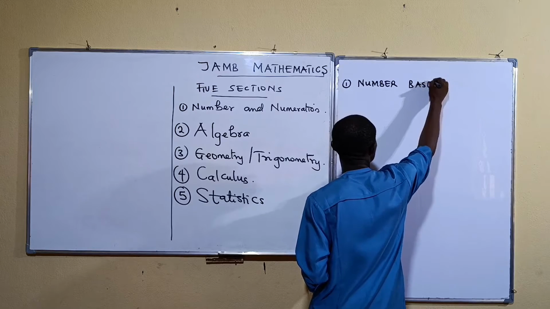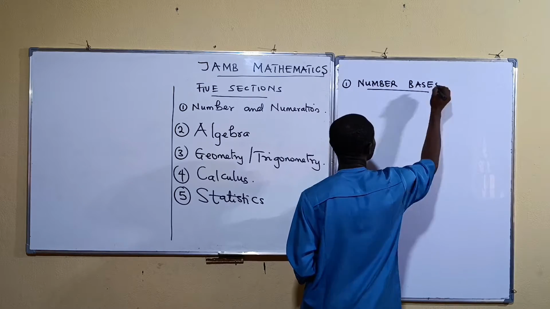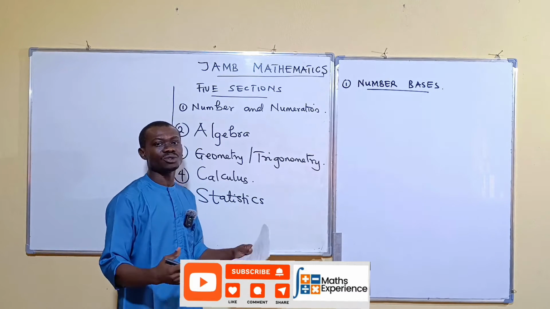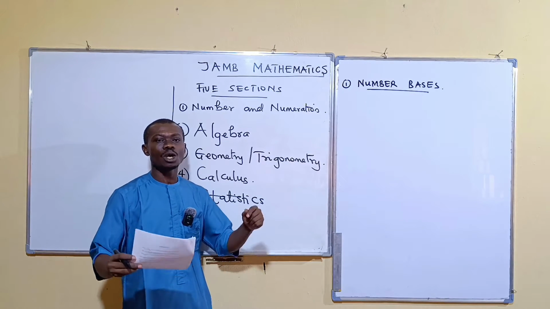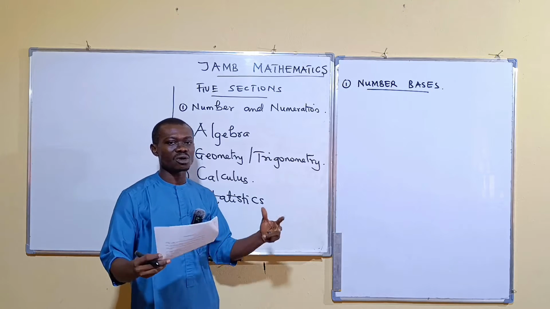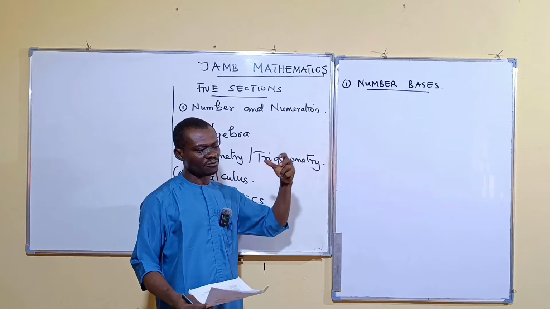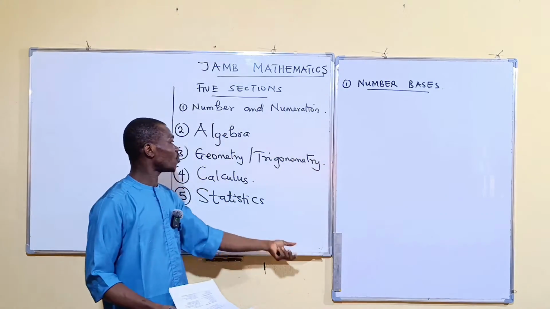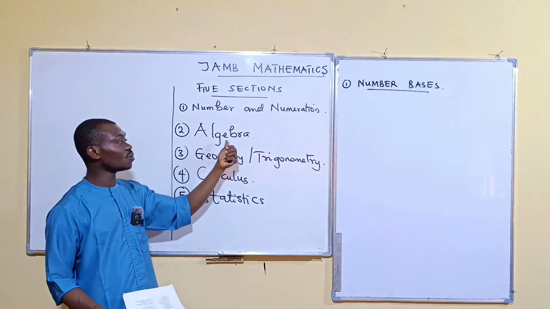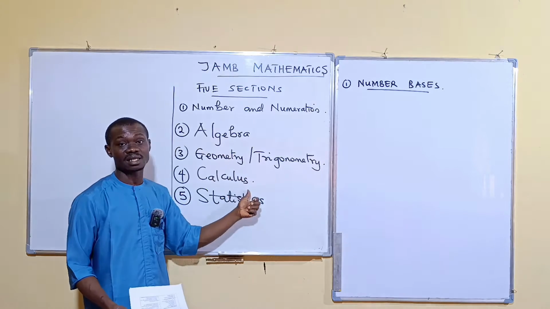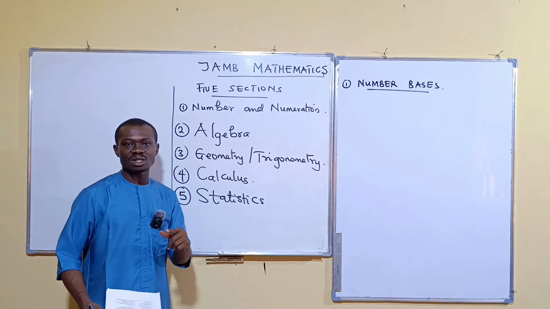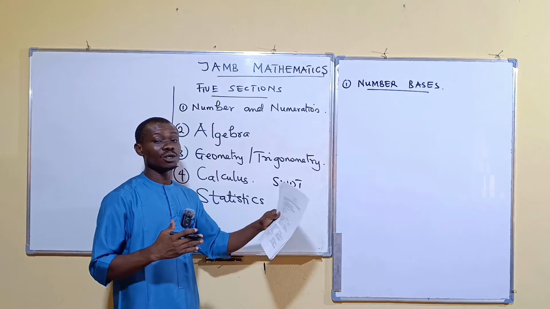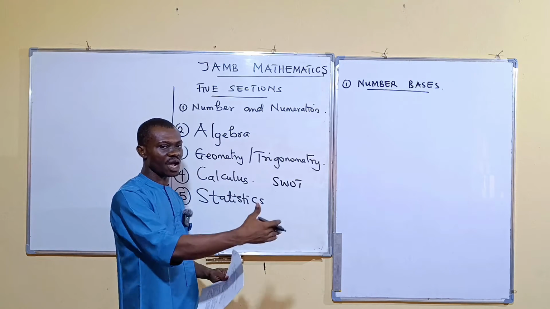Now the reason I like to list the extent that a particular course or subject is going to require or involve is so that you will have a full grasp of what you are doing. If you know the number of topics in numbers and numeration, and the ones under algebra, and the others, it gives you the ability to measure how far you've gone.